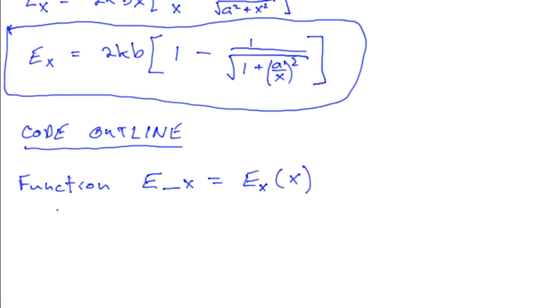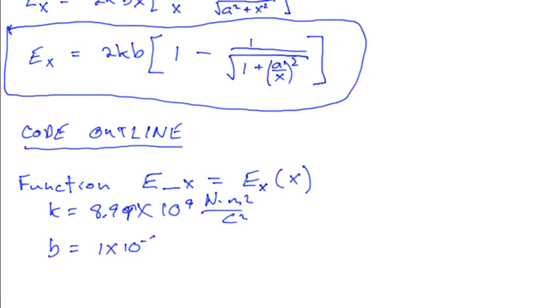I need to initialize some variables, so I'll set k equal to 8.99 times 10 to the 9th newton meter squared per coulomb squared. B equals 1 times 10 to the minus 6 coulombs per meter squared, if I recall correctly.